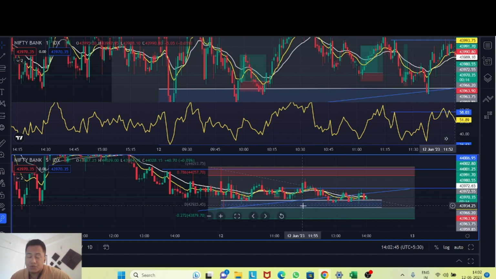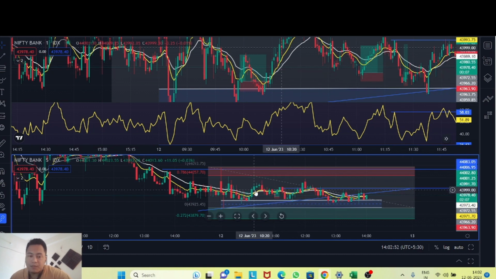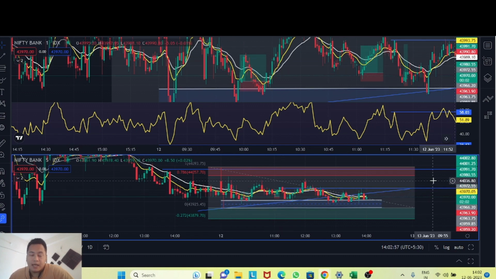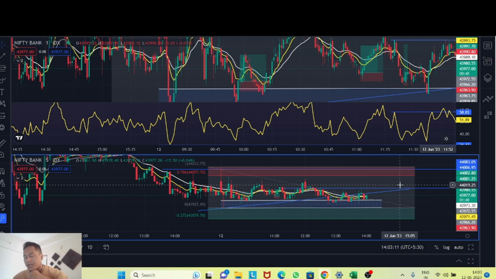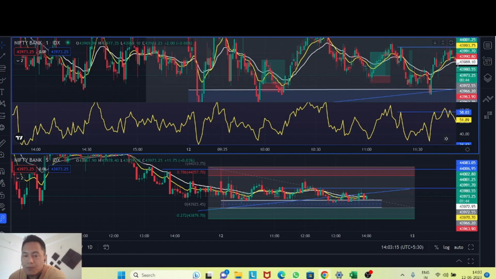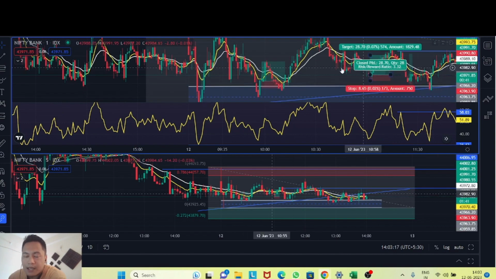I won't say it's impossible, but you won't be able to get good profits in this kind of market. As an option buyer, you have to be a chore. You have to steal all the profit that you can get from the trade and get out of the trades. So let me show you my first trade, from which I captured some points.